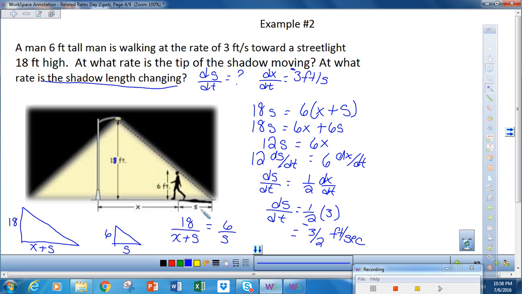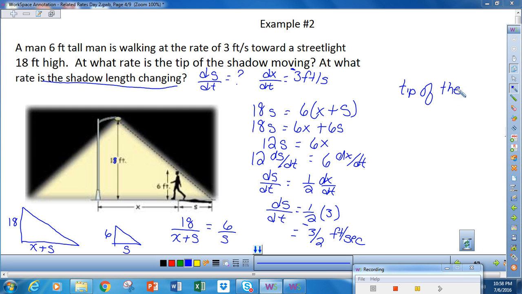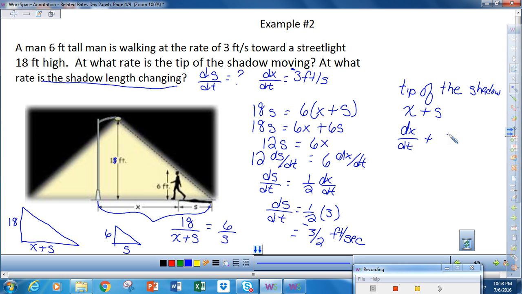The tip of the shadow is actually this entire length. So this entire length is the tip of the shadow, so it is x plus s. The rate at which it's changing would be dx/dt plus ds/dt.